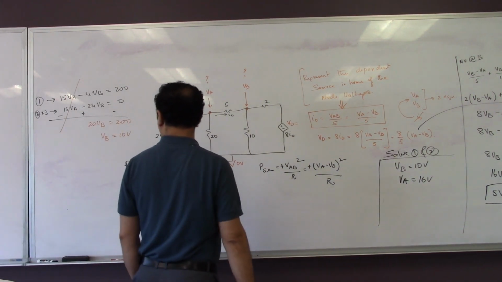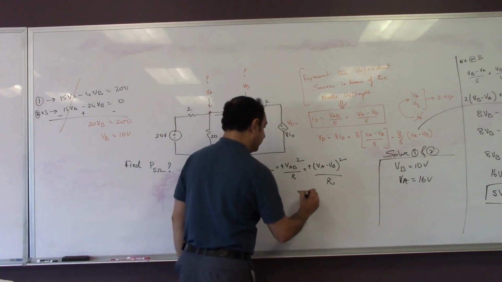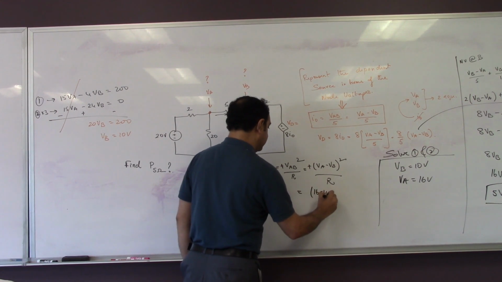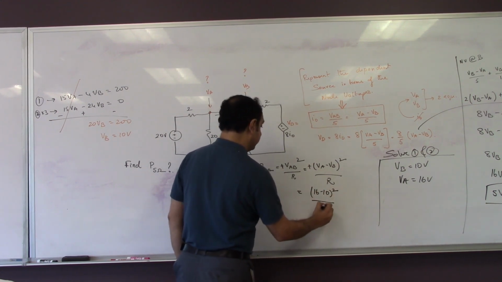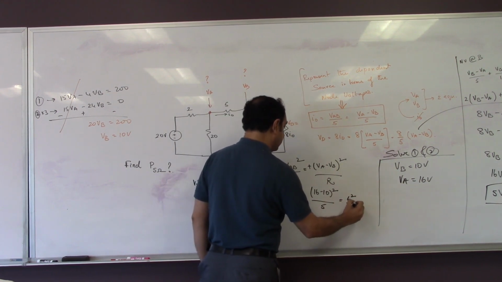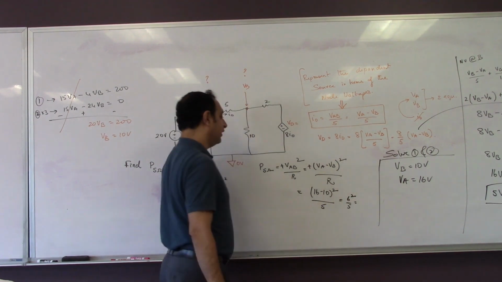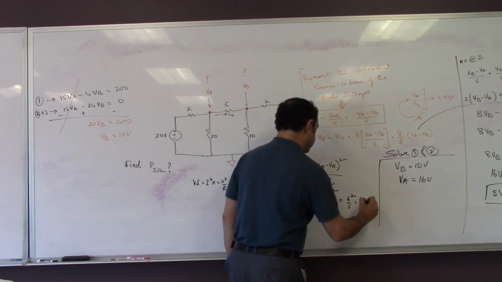In our case, A is 16 and B is 10, right? So 16 minus 10 squared divided by R, which is 5. So 6 squared divided by 5, 36 divided by 5, which is 7.2.